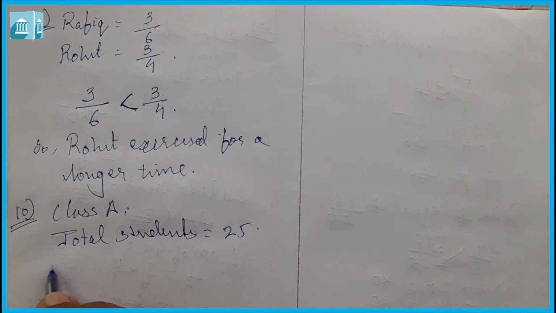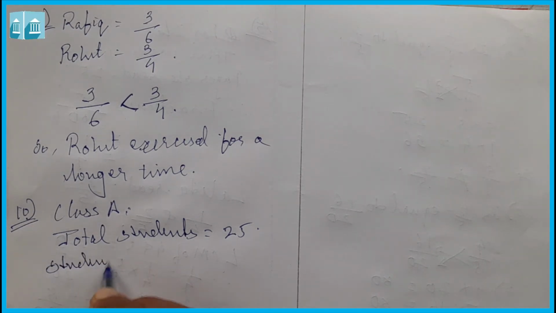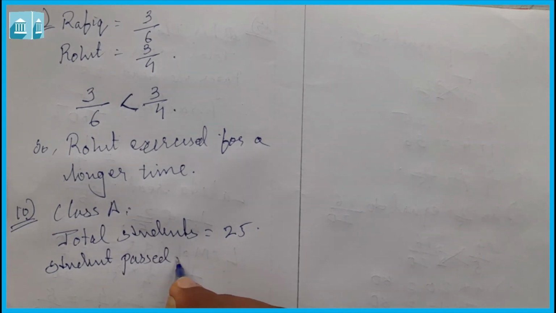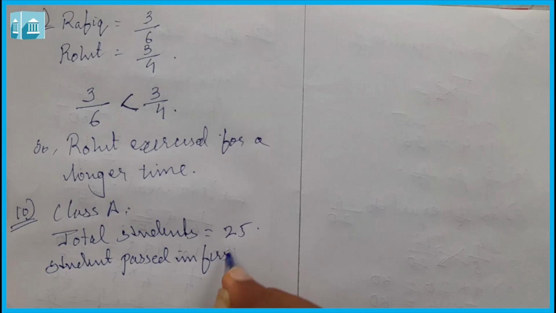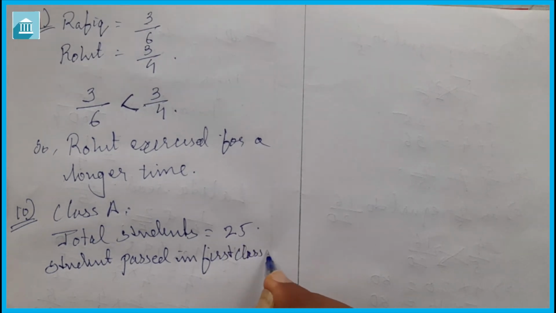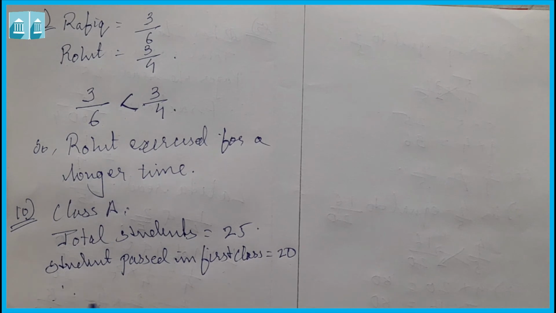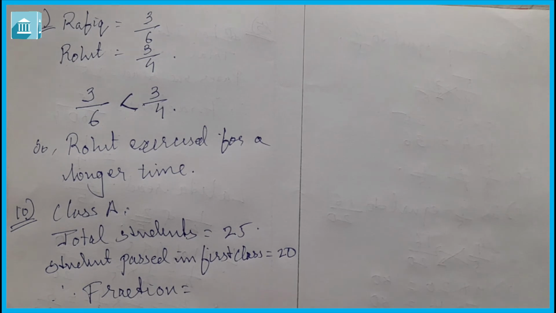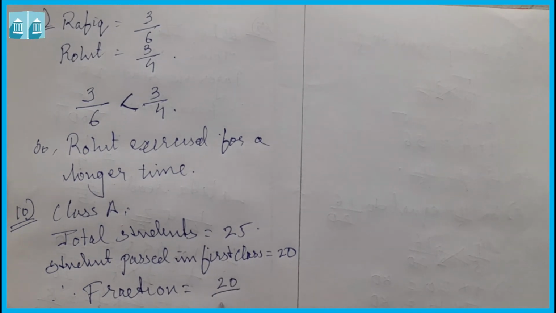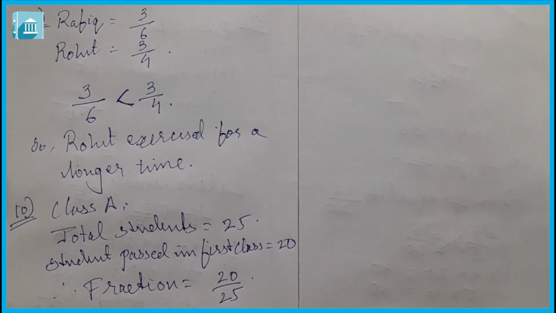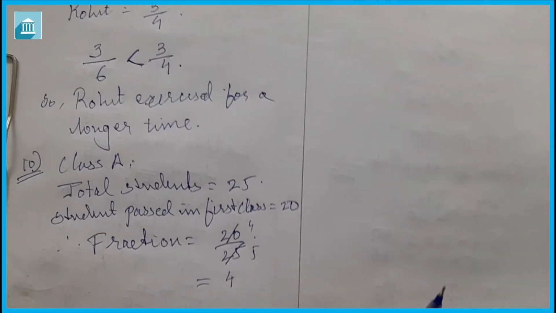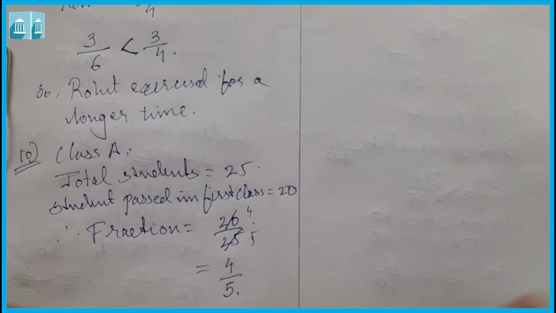Students passed in first class is equal to 20, and therefore the fraction is equal to 20 upon 25, which we can cut, and it will be 4 upon 5.